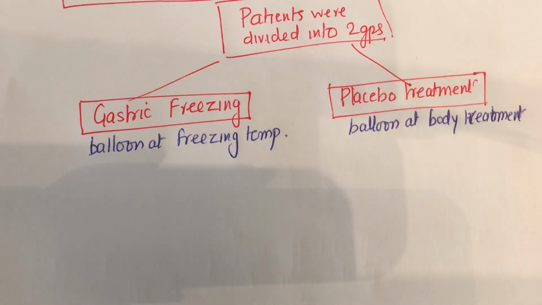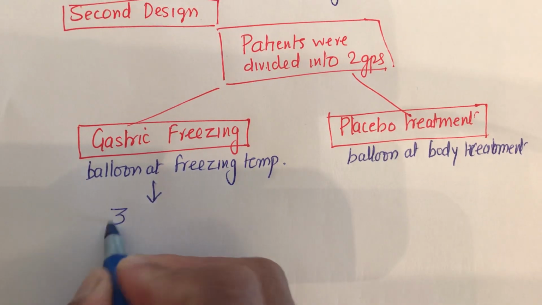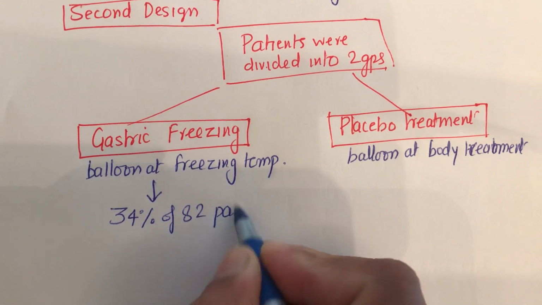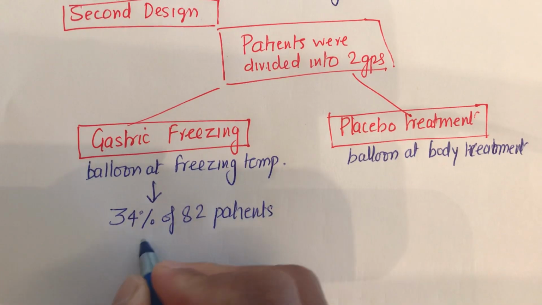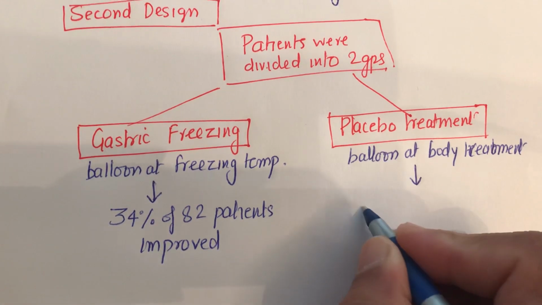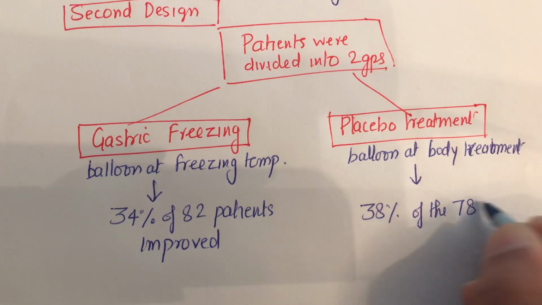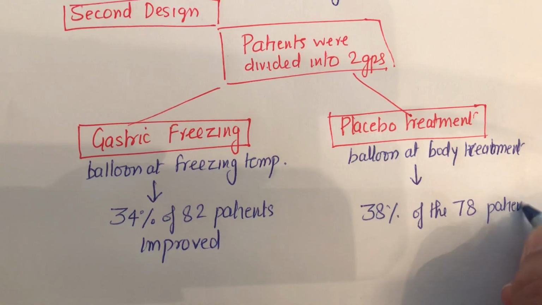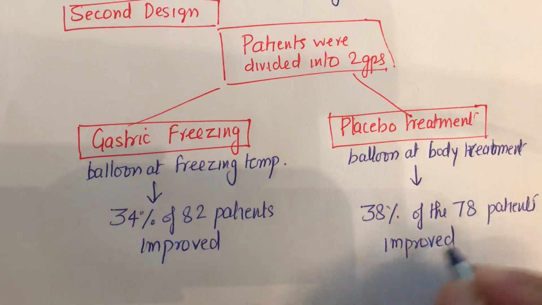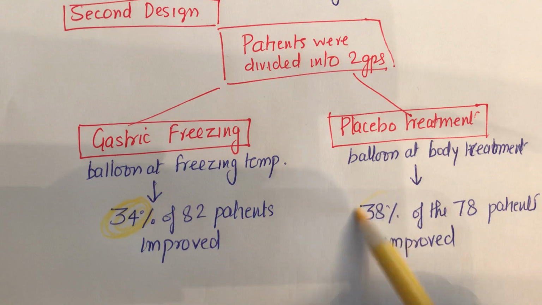What happened was the outcome: 34% of the 82 patients in the gastric freezing group improved, and in the other group only 38% of the 78 patients improved. So when we look at the numbers, we pay attention that it's 34% and here 38%.